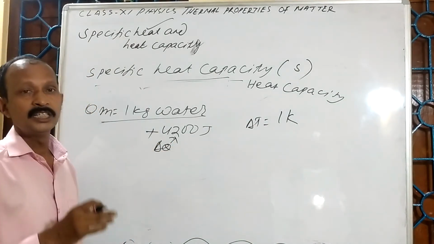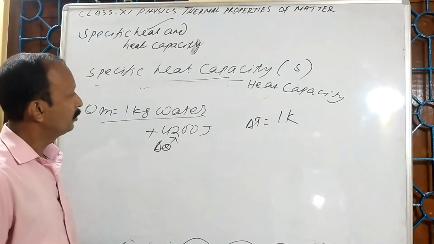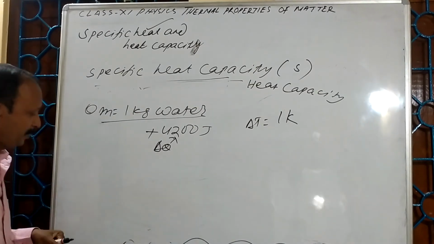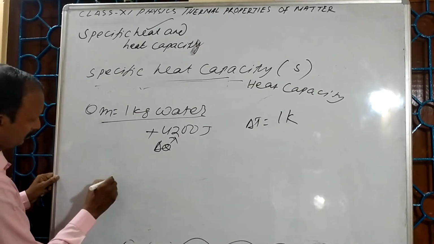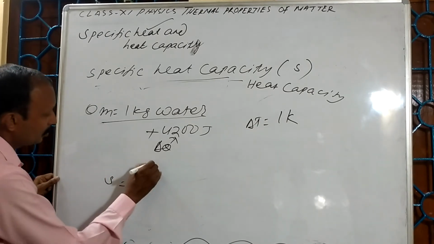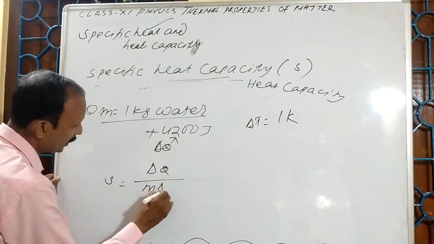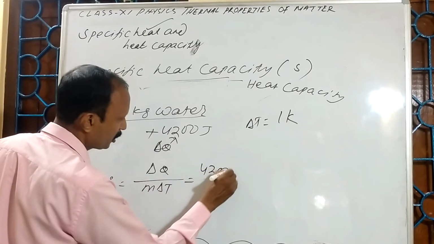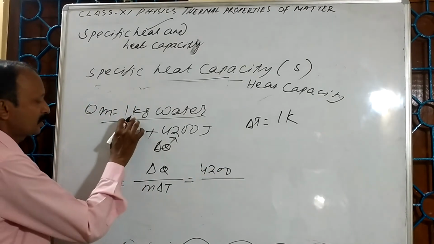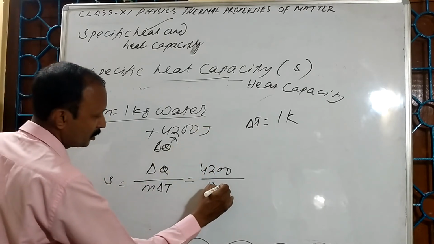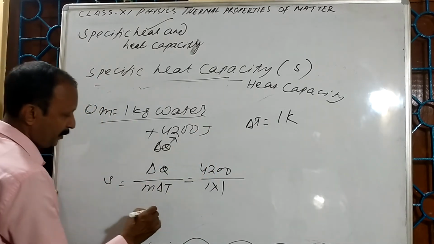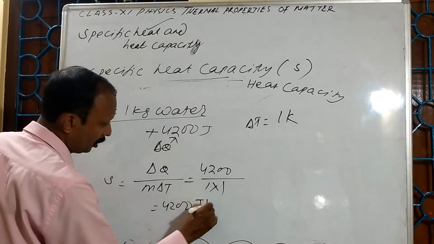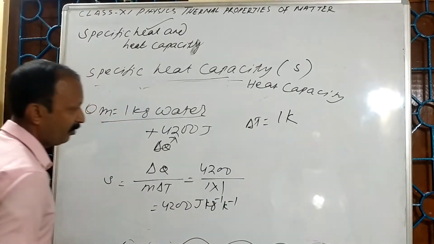What will be its specific heat capacity? So I said that specific heat capacity s is equal to delta Q upon m into delta T. Delta Q is the amount of thermal energy or heat energy what we have provided. m is the mass of the substance, this is 1. Change in temperature is equal to 1. So I got specific heat is equal to 4200 joule per kg per Kelvin.